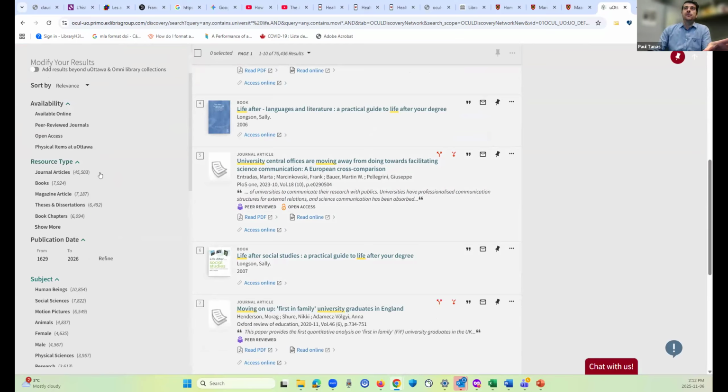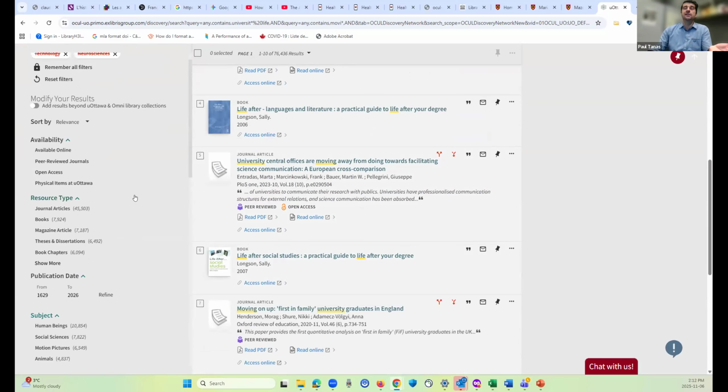Sometimes myself and other colleagues, when we filter through the results, we actually focus on these panes, right? If they are registered for a class, sometimes the professor asks for a print copy, so you would use filters like physical items at Queen's or whichever university you're teaching at.